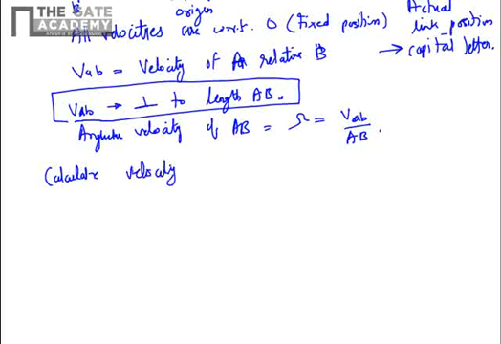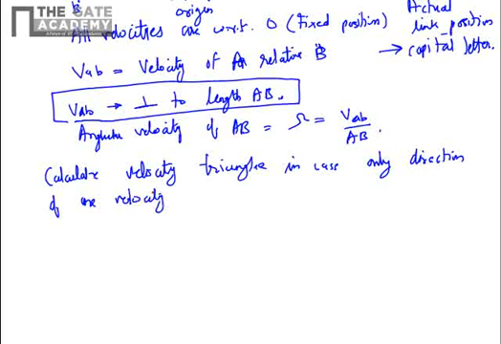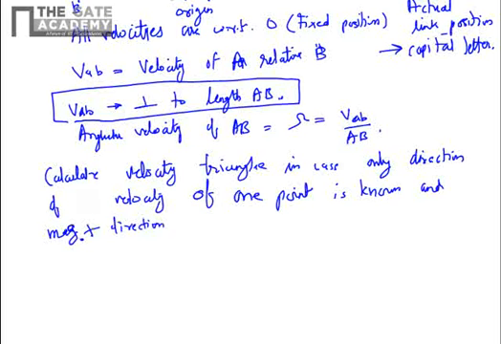the velocity triangle in case only the direction of the velocity of one point is known, and the magnitude plus direction of another point on the link is known.